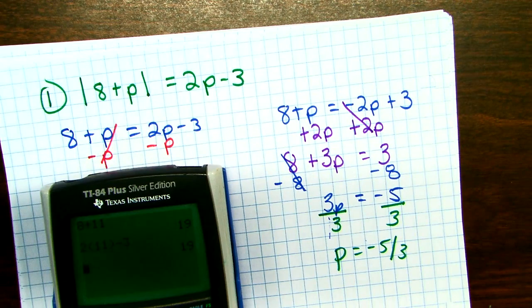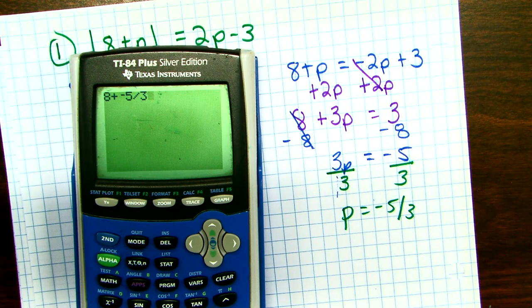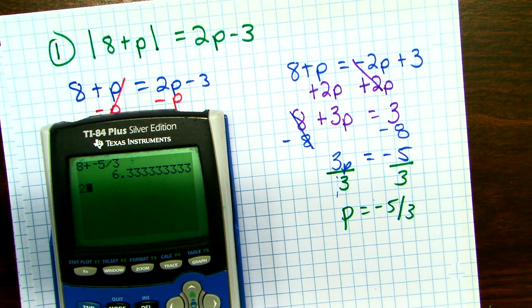Okay? Then I'm going to do the same thing with the negative 5/3. 8 plus negative 5 divided by 3. 8 plus 5/3. Just leave it. It's positive. Absolute value is always positive, so it's good. The sign is good. And then 2 times negative 5/3 minus 3.